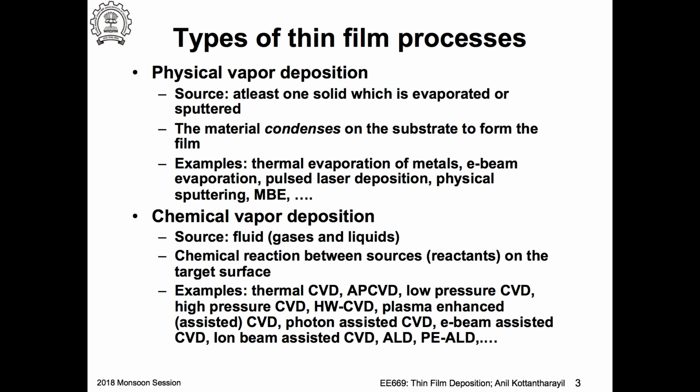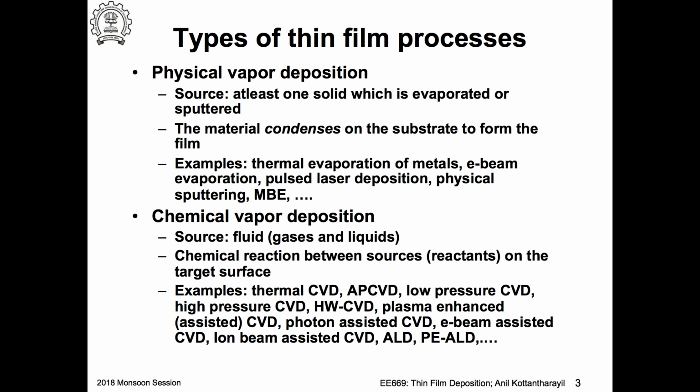What gets delivered into the reaction chamber would be a vapor or a gas. Now you have a chemical reaction between the sources on the surface. This is very important. In physical vapor deposition, the material you want to deposit is what is actually being evaporated or sputtered.